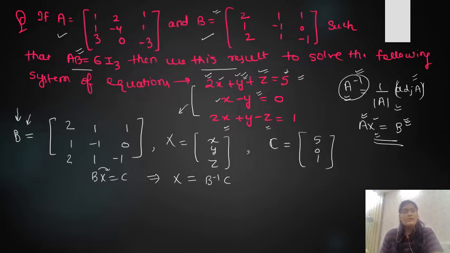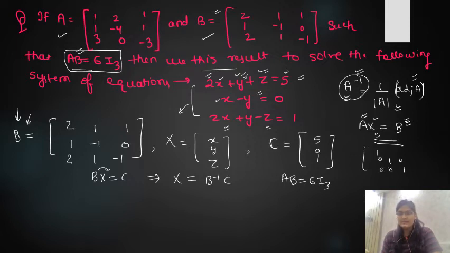Now we have to use this result which is given to you. So AB is 6I3. You know I3 is the identity matrix. So it is like 1, 1, 1 in diagonal form, and all other elements are 0. So if you multiply it with 6, it will form 6 in the diagonals, and all other elements will be 0, right? So if you have to find out B inverse, what would it be?